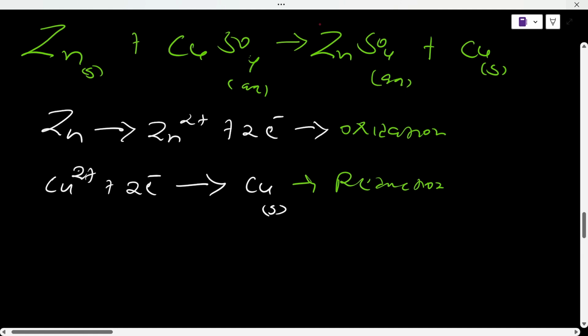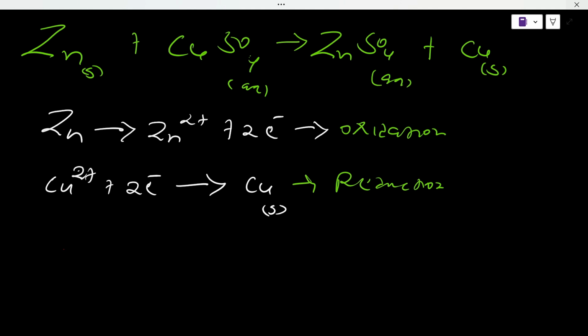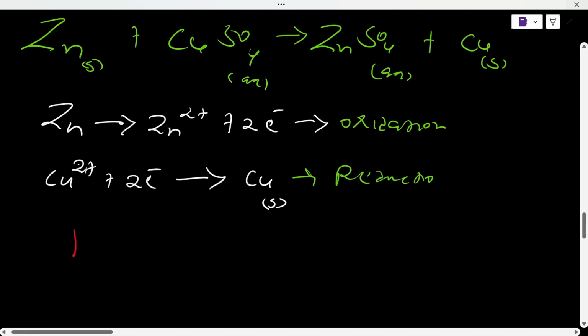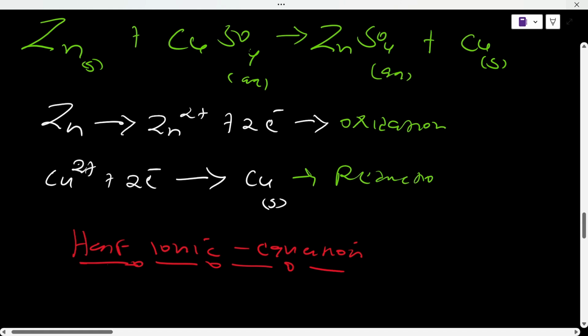Now I'm going to have zinc. Let me write the subheading. If I want to write the half ionic equation, now I can decide to write it in a very easy way.